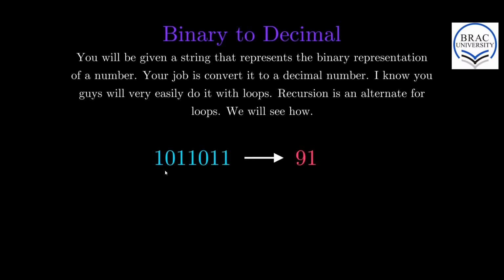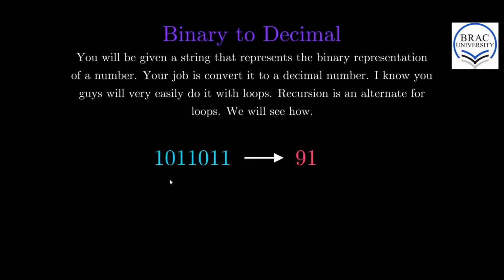At first it was 1, then we double the number and we get 2, and then if we get a 1, we double the number and then add 1. So 2 doubled is 4, plus 1 is 5, and 101 is 5. Then we got another 1, so double 5 is 10, plus 1 equals 11. So 1011, these 4 characters, mean 11 in decimal.